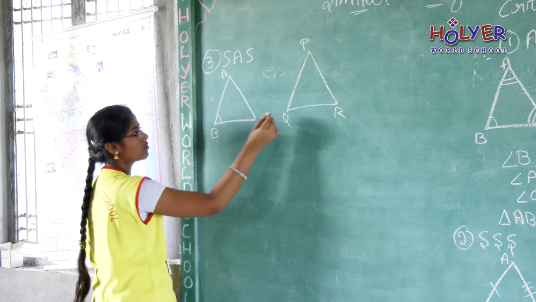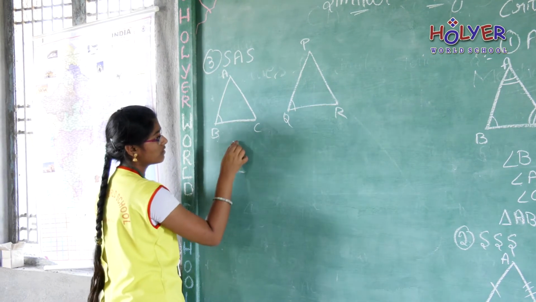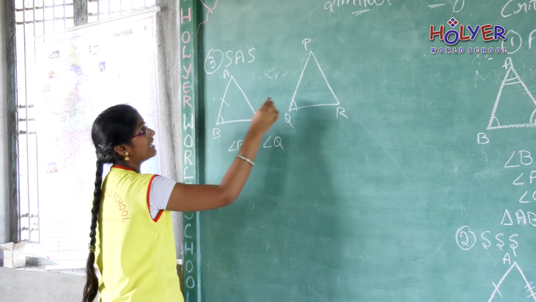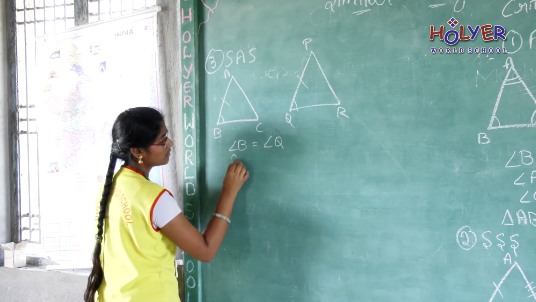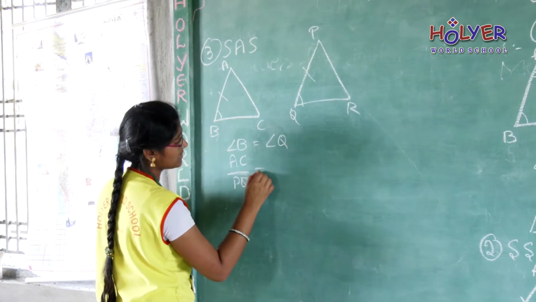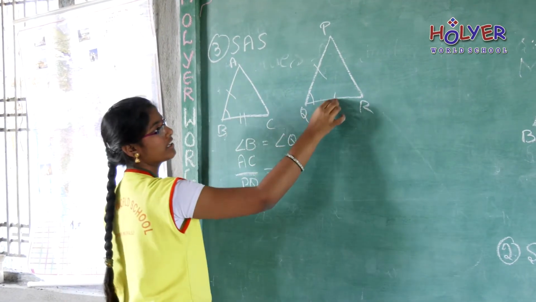Angle B is equal to angle Q, and AB by PQ is equal to BC by QR.